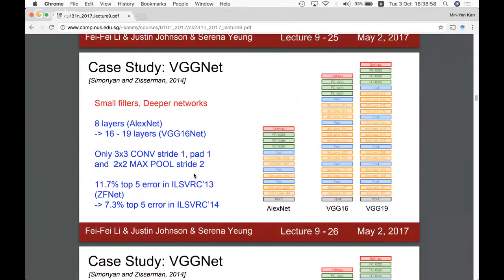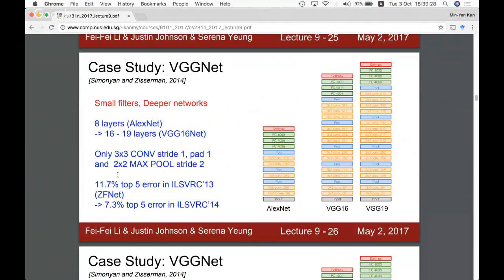So one of the main changes from the previous one to VGG was they had smaller filters and deeper networks. Instead of having multiple hyperparameters for choosing the filter size and the depth and so on, they just fixed on using only 3x3 convolution with stride 1 and padding 1, and 2x2 max pooling with stride 2.